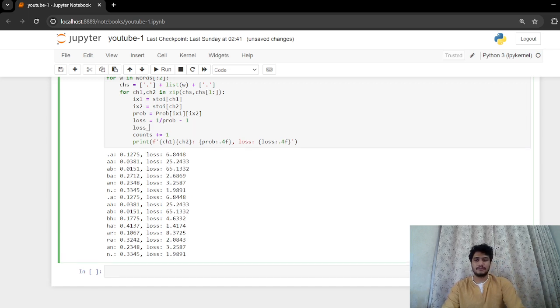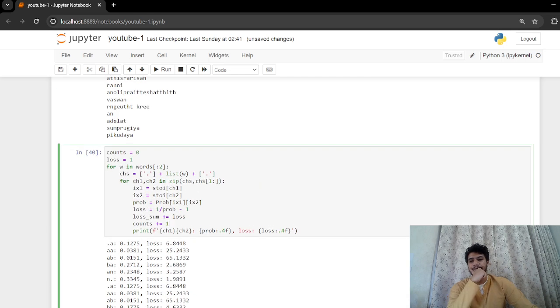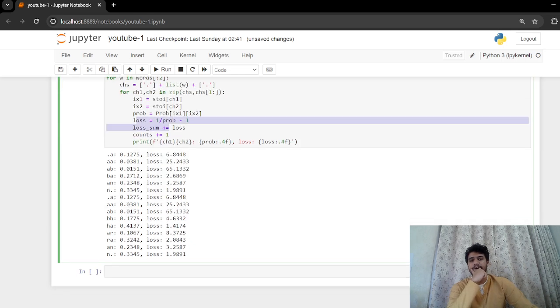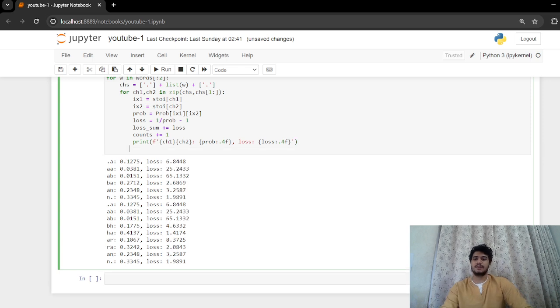Loss sum plus equals to loss. But now summing this loss is not the right thing to do in language modeling. Let me just see what we get here.